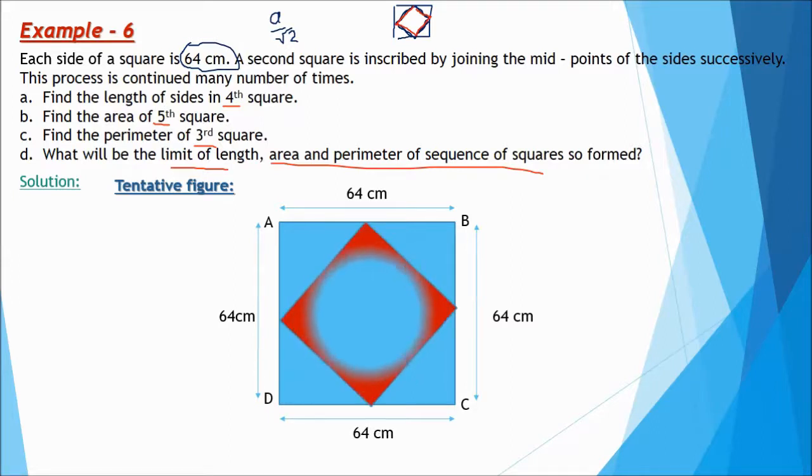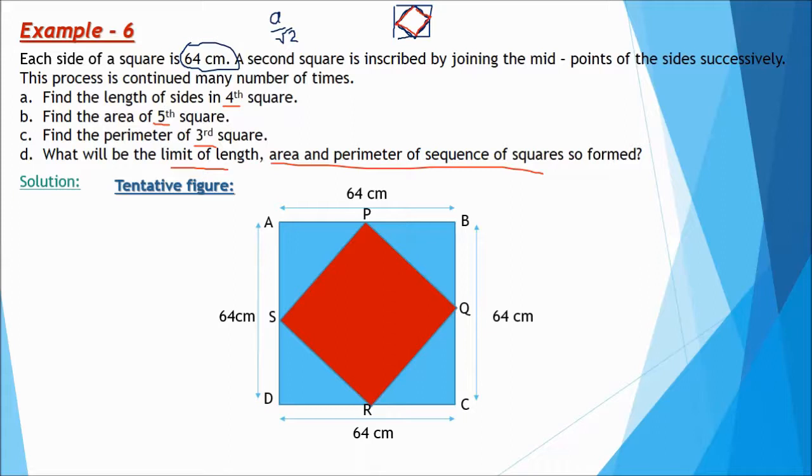Now you can see another square inside ABCD by taking the midpoints P, Q, R, and S. These are the midpoints of the sides. P is the midpoint of side AB, Q is the midpoint of side BC, R is the midpoint of side CD, and S is the midpoint of side AD. And the red color is a square.